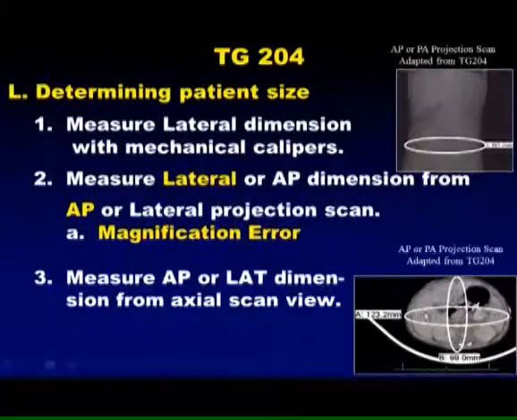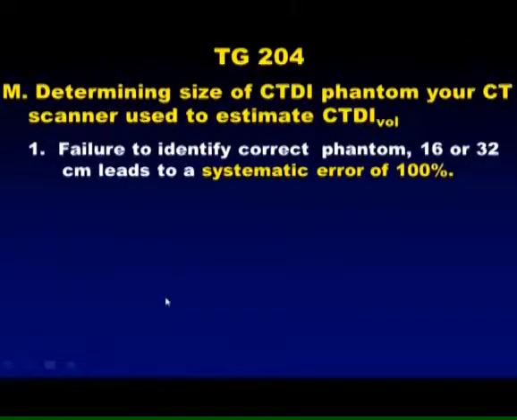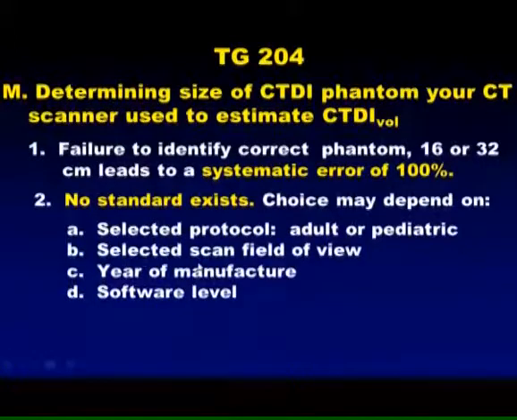If you've already made the scan, you can get both the AP and the lateral dimension off the axial reconstructed image. Now, as a word of caution, you have to know which phantom the CT scanner used to display the CTDIvol. The bad news is that there's no standard that exists.